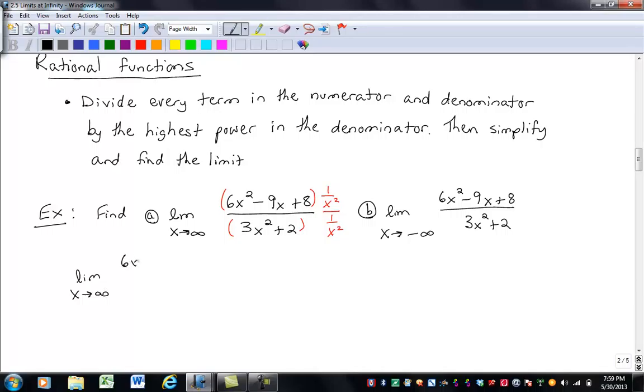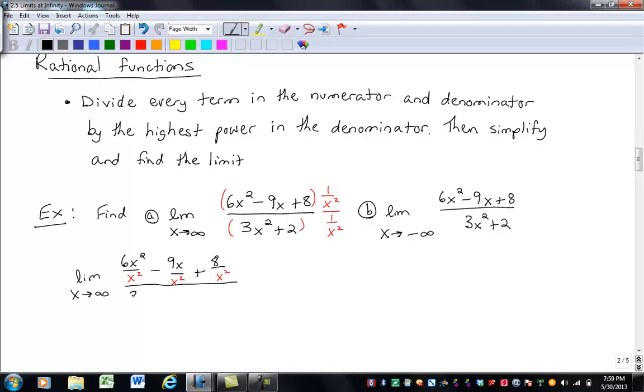I have 6x squared over x squared minus 9x over x squared plus 8 over x squared. I have to redo that one. That's what I did on top. 1 over x squared means multiply the numerator by 1 and divide by x squared.